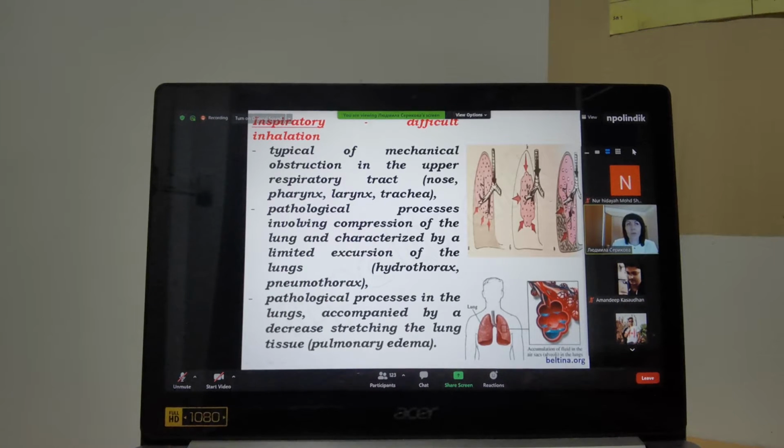When we have something, for example, accumulation of fluid or air in the pleural cavity, or fibrothorax, the lungs cannot be extended properly. And when we have some obstruction of the upper airways, in this case it will really be inspiratory dyspnea. This moment is very important.